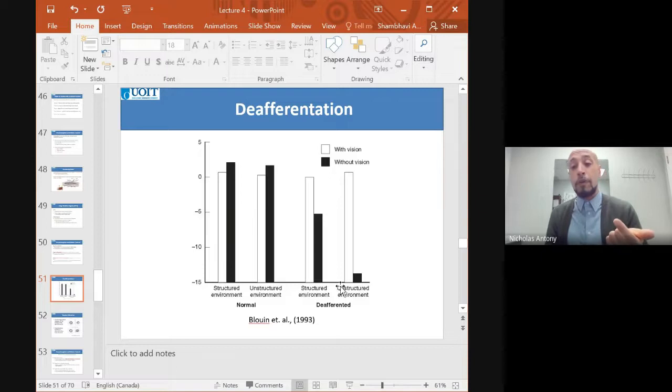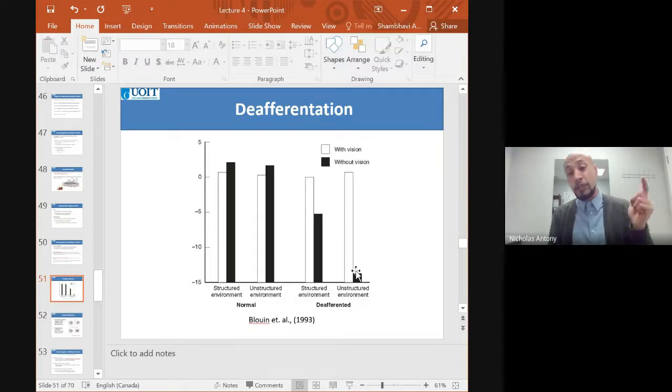So all that proved was proprioception is important, but if we have vision available, you don't really notice the deficiency because humans rely most on vision. But once vision's gone and we have to rely on proprioception, then it showed the problem.